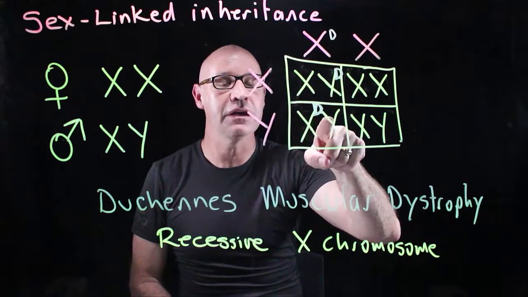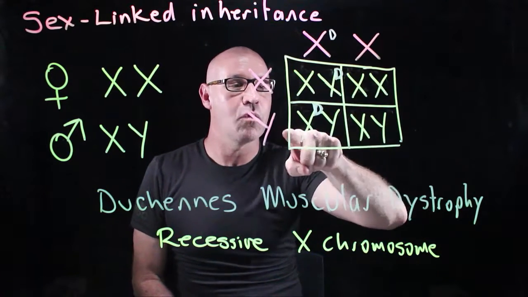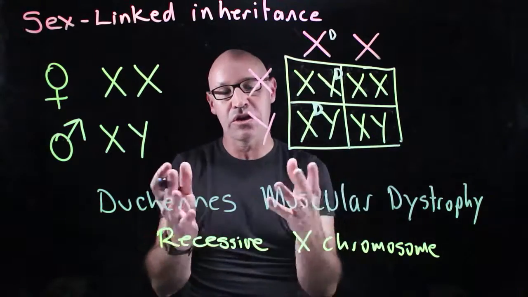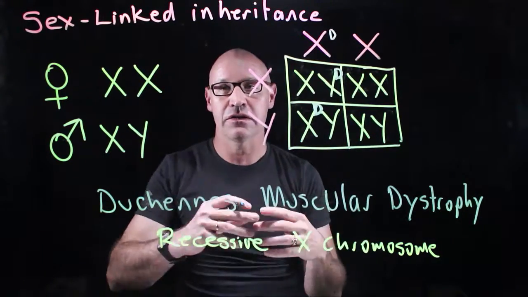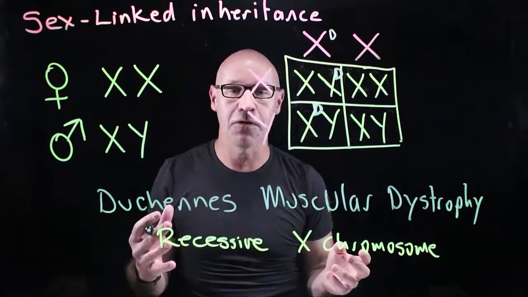So this child here will have Duchenne muscular dystrophy. This child here won't be a carrier and won't have the disease. So Duchenne is one of the classic conditions that's a sex-linked inheritance. Another one is haemophilia, and there are a few others as well.